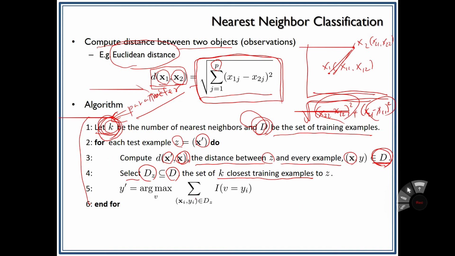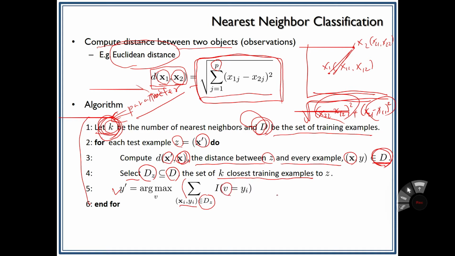And then what this line does is, for that subset D sub Z, what this summation symbol does is just count the number of examples having the class label v.